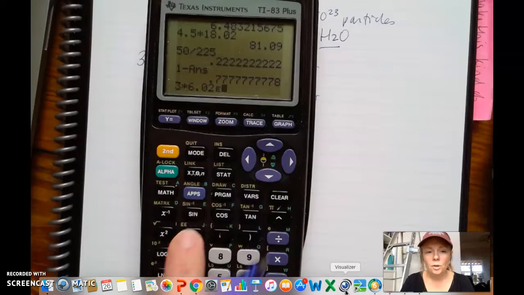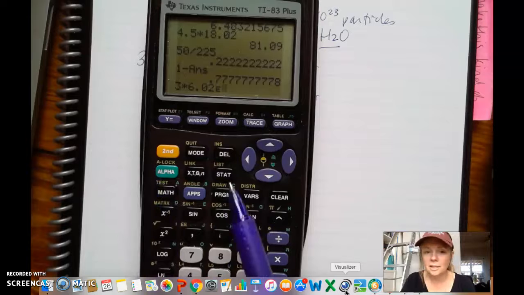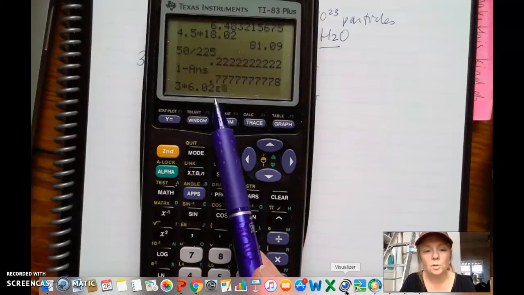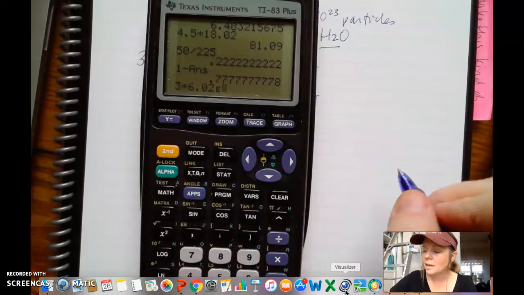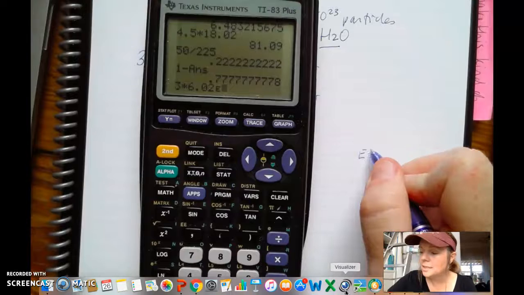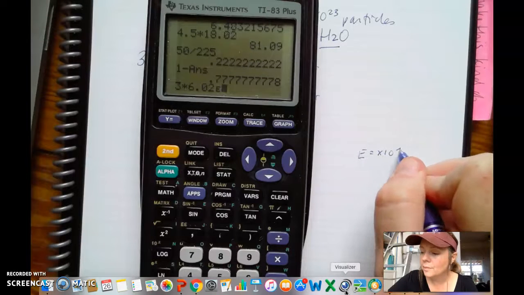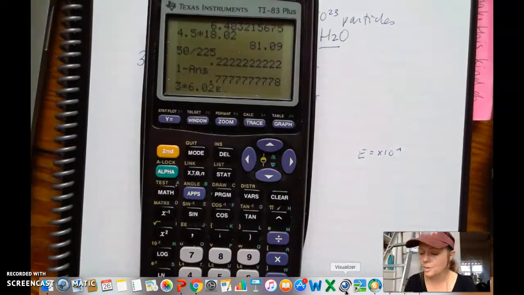When you hit that, it shows up on your screen as just a capital E, and that takes the place of times 10 raised to a power. So when you use that button, you don't have to use times or 10 or the raising-to-a-power button. It takes the place of all of that.